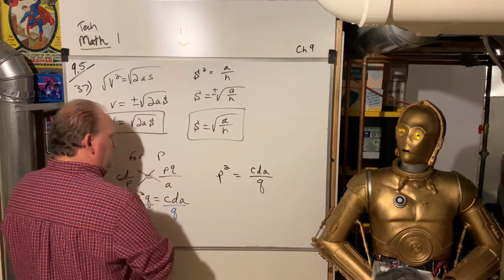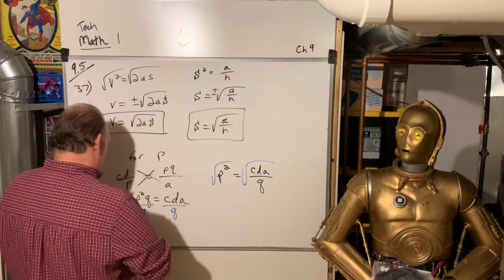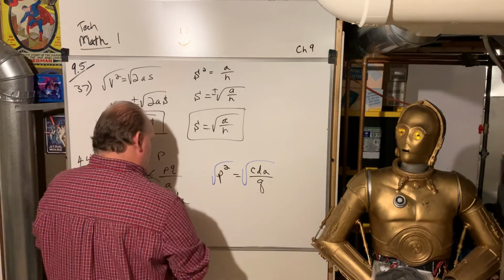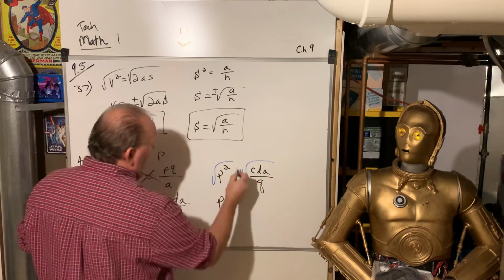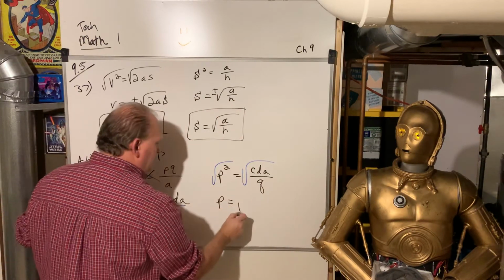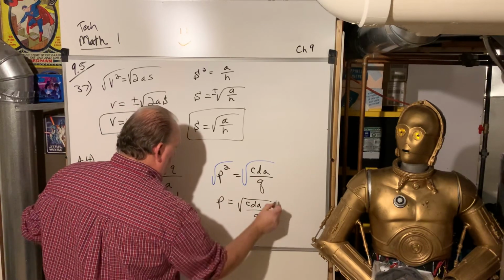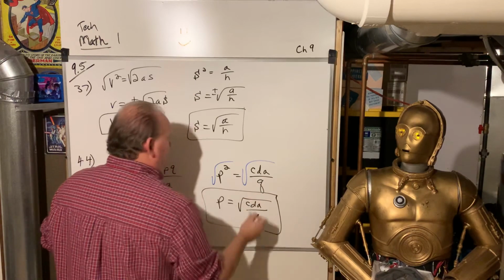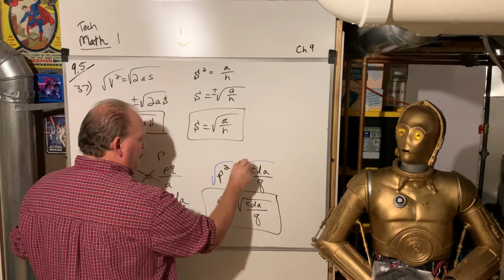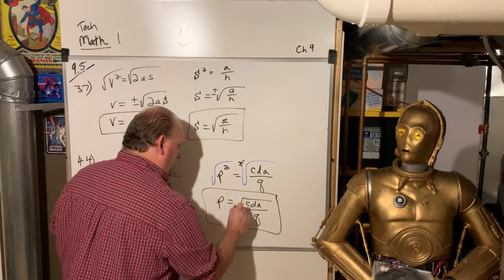And then we do the square roots on both sides. And so that is P is equal to, again, I've been putting the plus or minus. I'm just not going to. CDA over Q. All right. It was plus or minus up there, but we threw it away because we were only interested in the positive.